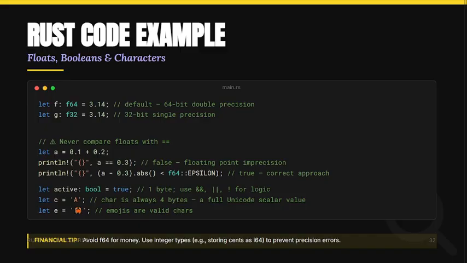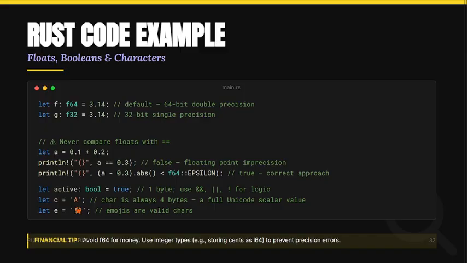Let's look at this code. The float comparison is the most important thing here. 0.1 plus 0.2. In binary, floating point is actually 0.30000000000000004.